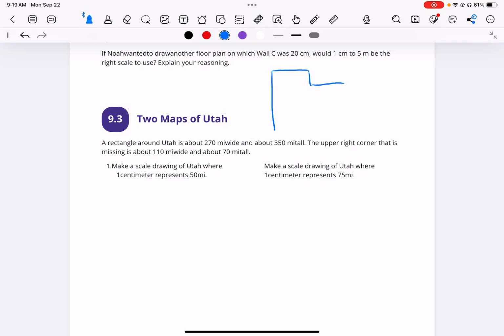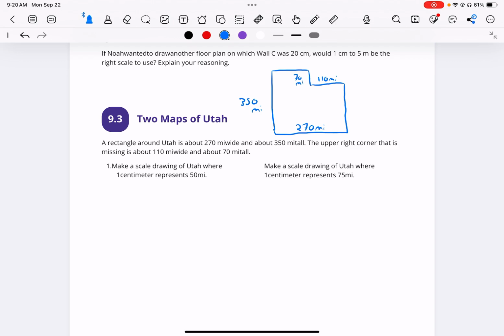This is where they're talking about the corner that's missing. So it's 350 miles tall, 270 miles wide, and then the upper right corner that's missing is 110 miles wide and 70 miles tall.